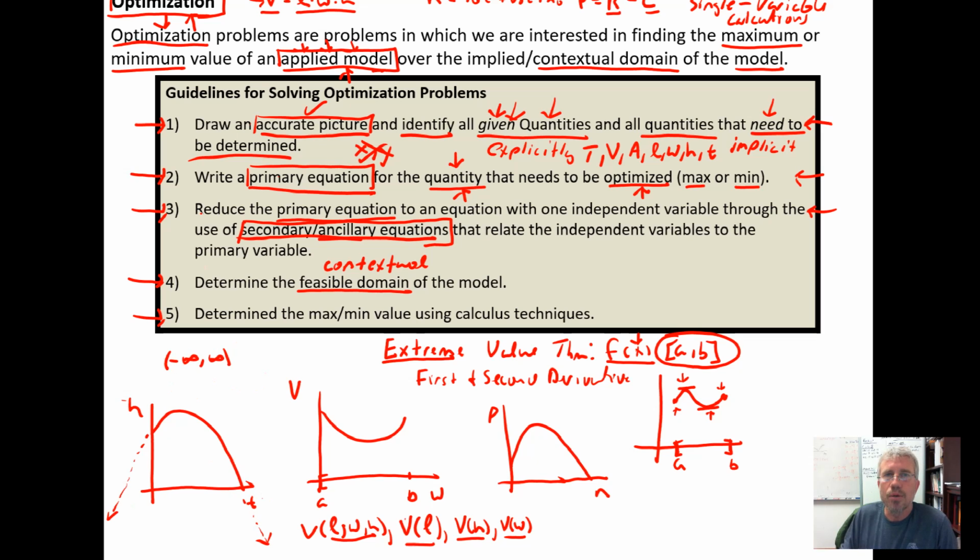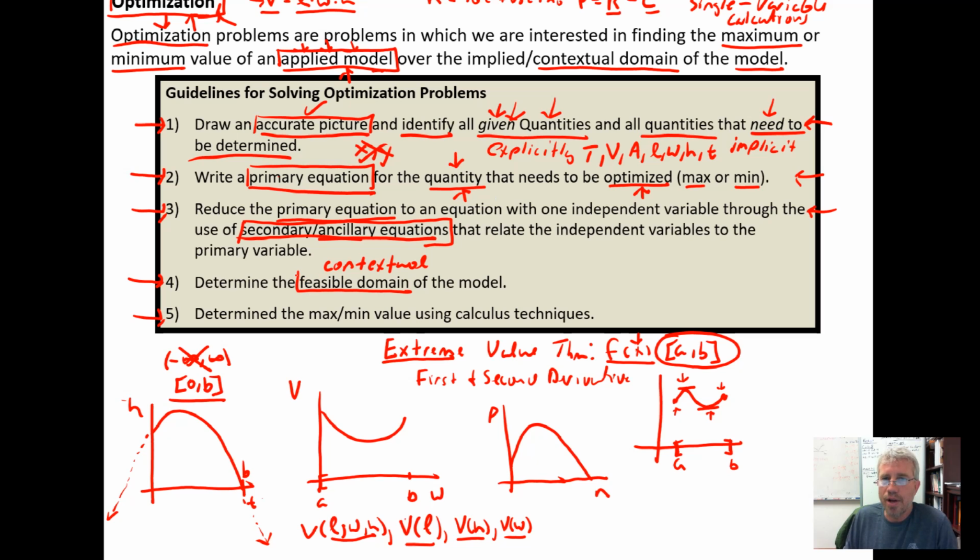But for our purposes in an optimization problem, this usually isn't going to be good enough. So we would want to recognize that a height model will start at time equals 0, and there will be some time, call it b, when the object's on the ground. So you do from 0 to b, the closed interval from 0 to b.